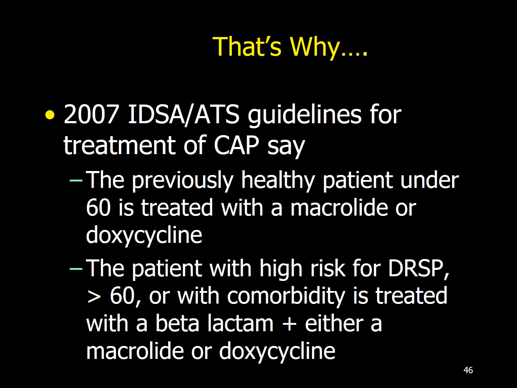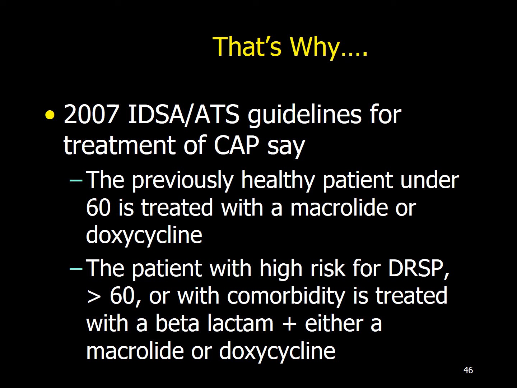Now, your slide doesn't say it, but you do have another alternative here, and that is a respiratory fluoroquinolone. Remember, respiratory fluoroquinolones are DNA synthesis inhibitors. They are rather powerful, so the fluoroquinolones will cover drug-resistant strep. Because they're not beta-lactams, they will cover beta-lactamase producing bacteria.